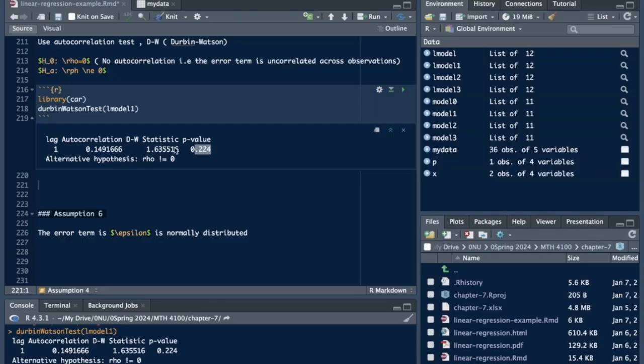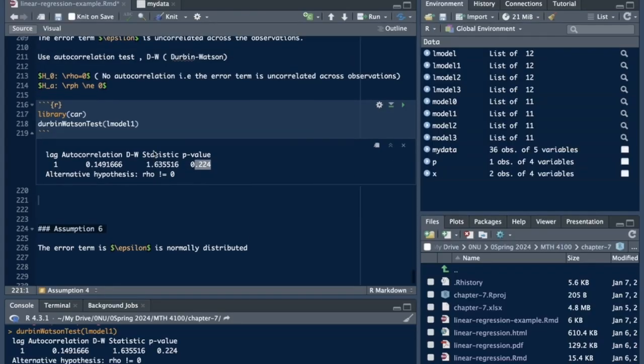So we are looking for values around 2. Again, we have to look at the significance. If this is not 2, if it's closer to 1 or 4, you cannot immediately say that we have autocorrelation, meaning the residuals are correlated.